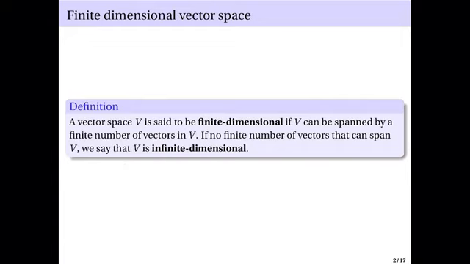Previously we had several examples of finite dimensional vector spaces and also an example of an infinite dimensional vector space. For the finite dimensional, let's say you have your R2, or R3, or even Rn, the more general Euclidean space.